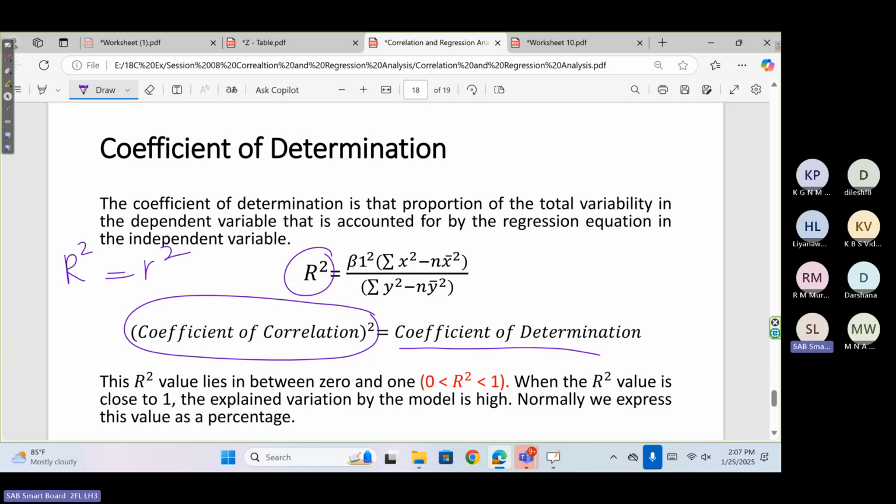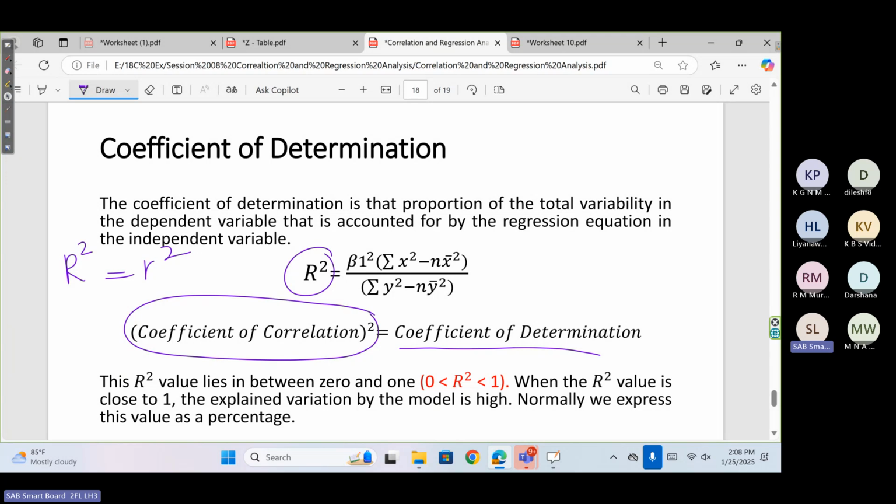Then how do we interpret the value? The coefficient of determination is the proportion of the total variability in the dependent variable that is accounted for by the regression equation in the independent variable.